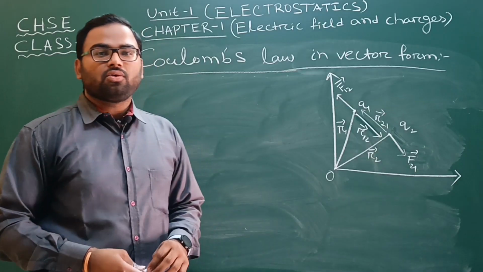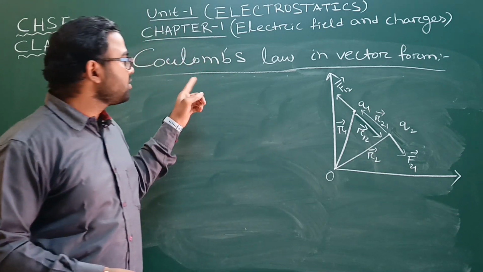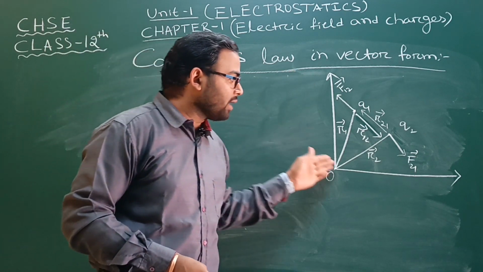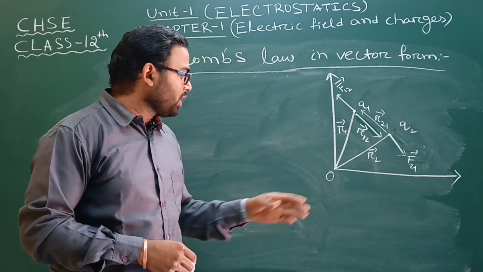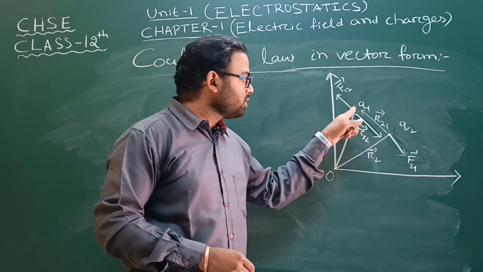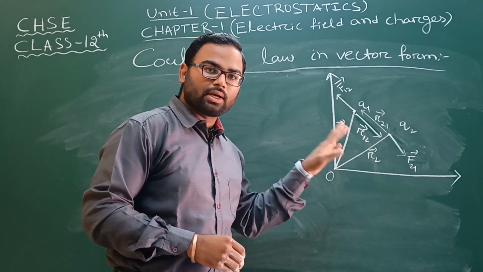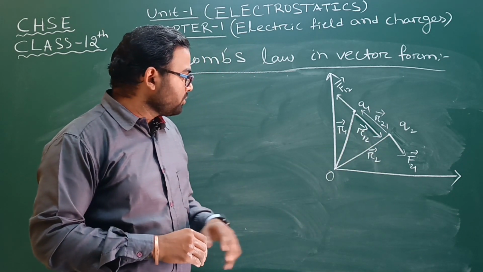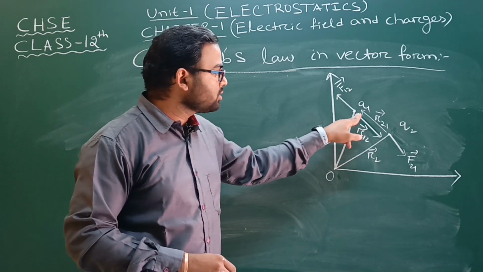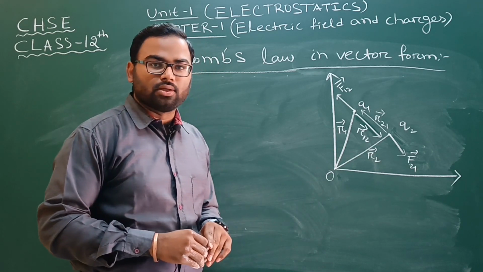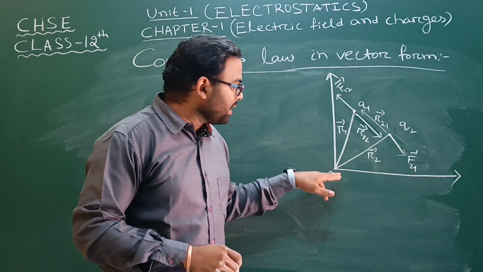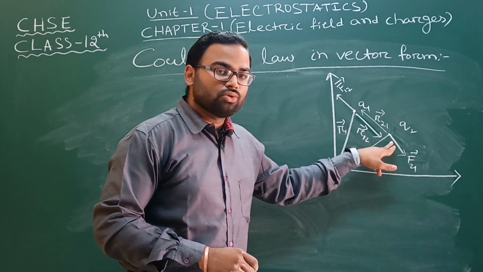Now we will discuss Coulomb's law in vector form. We have taken a Cartesian coordinate system. The frame of reference is O, that is the origin. We have taken two charges q1 and q2 in the Cartesian coordinate system. From the origin, the position of q1 is r1 vector, and O to q2 is r2 vector.